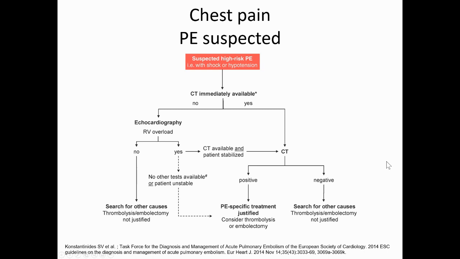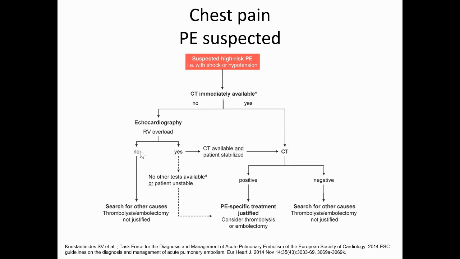Chest pain and pulmonary embolism. If a patient is suspected of having pulmonary embolism, then we usually turn to CT and CT angiography in particular. However, if CT is not available, then the ER doctors will do echocardiography.